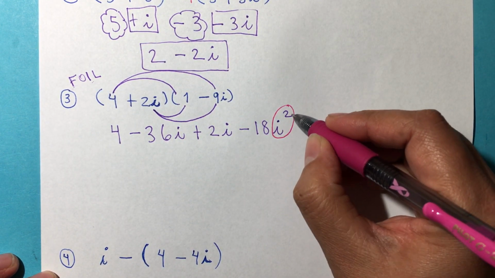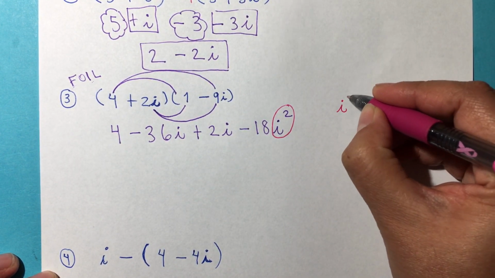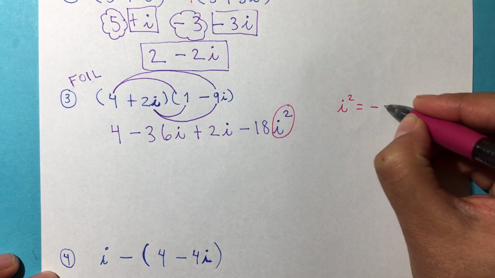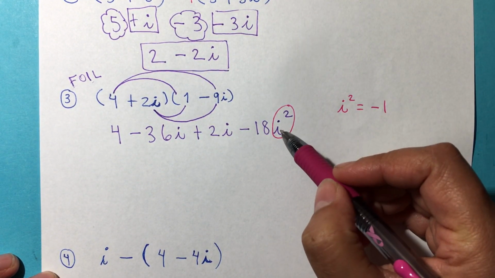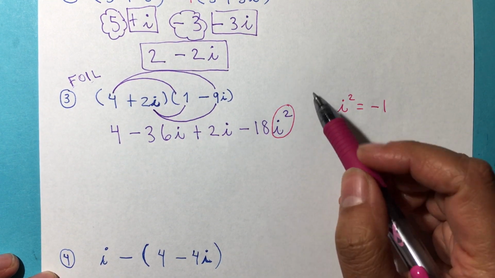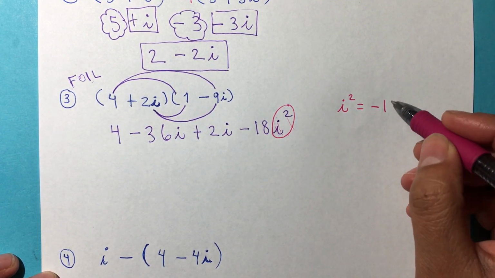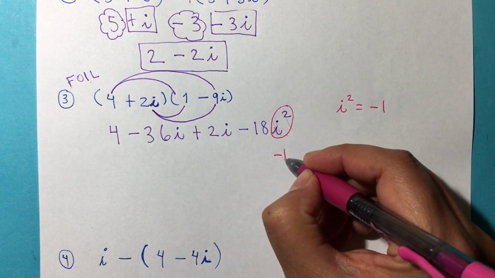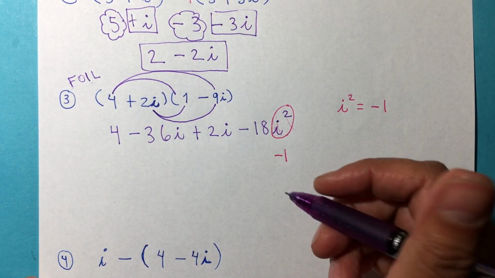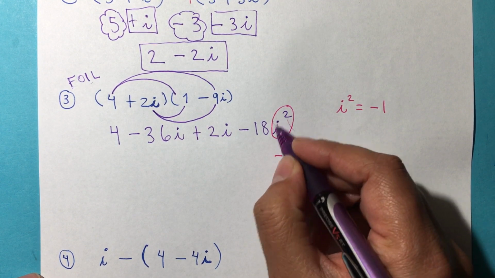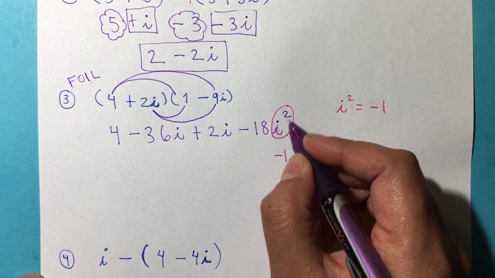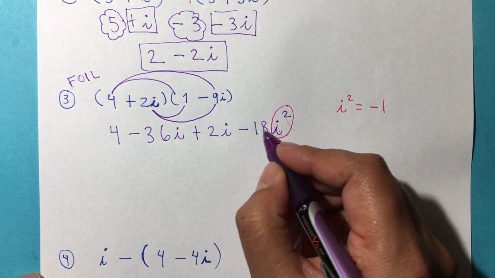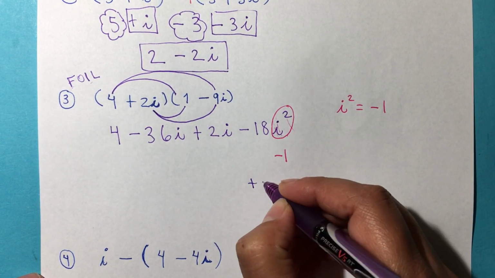Anytime that you have i squared, that is equal to negative 1. So whenever you get i squared, you take that out and you replace it with negative 1. So we put negative 1 in here, and then we multiply negative 1, the value of i squared, times negative 18, which becomes positive 18.